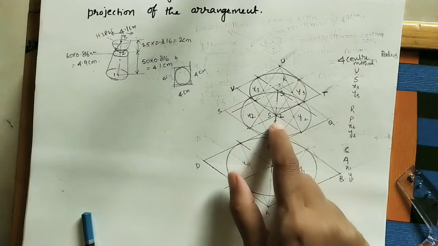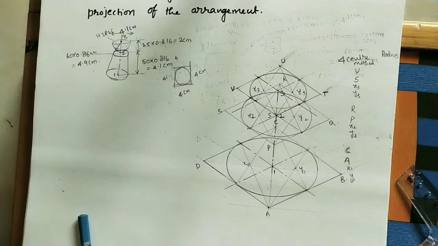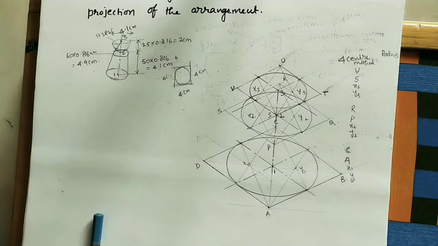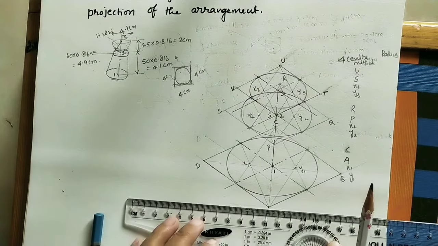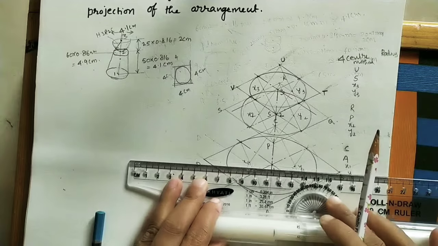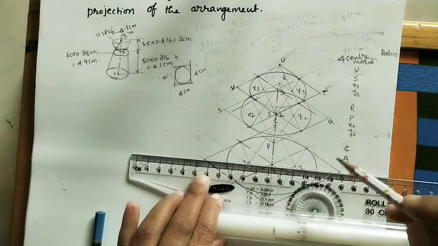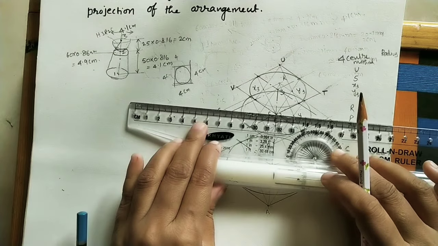For this 1 is the center, for this 2 is the center, for this 3 is the center. So here we need to draw the horizontal lines, initially for joining the slant edges. Just draw thin lines. Here also draw a thin line.